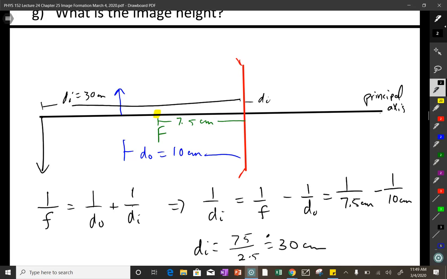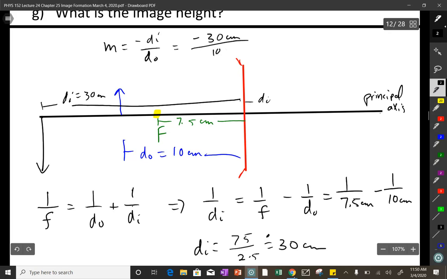Wait, is it actually supposed to be down? Yeah, it's supposed to be down because the distance image is 30. So the magnification is equal to minus distance image over distance object equals minus 30 centimeters over 10 centimeters equals minus 3. So it's inverted, 3 times taller.